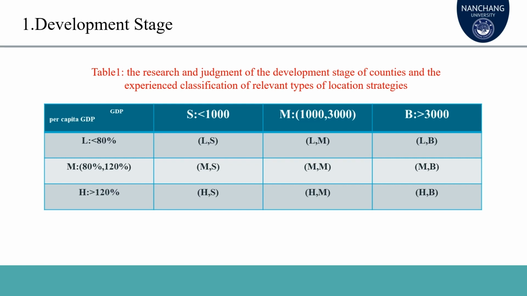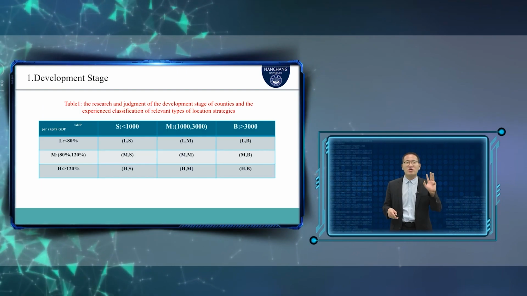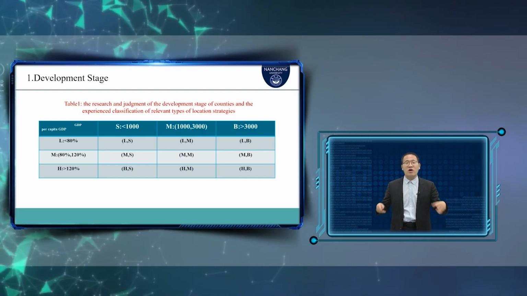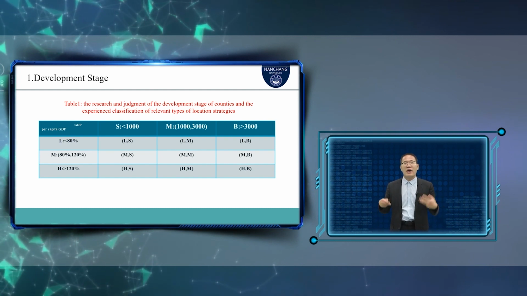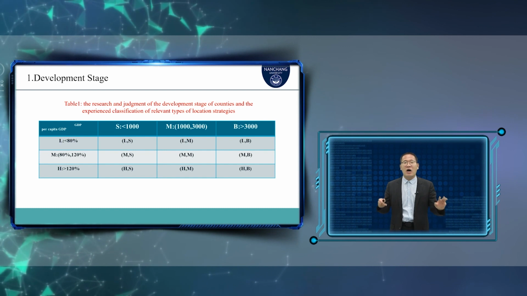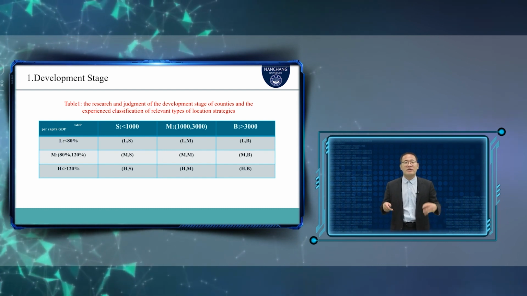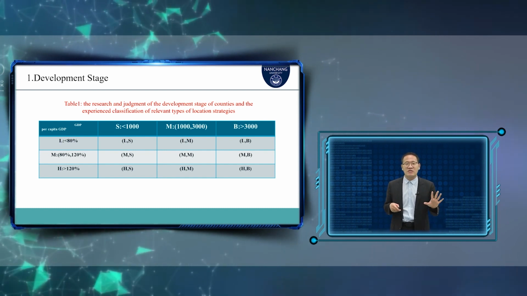When a county's proportion of GDP per capita is between 80% and 120%, it's at the intermediate level of development stage, denoted as M. The county is both resource-dependent and technology-dependent, and is generally in the catch-up phase.